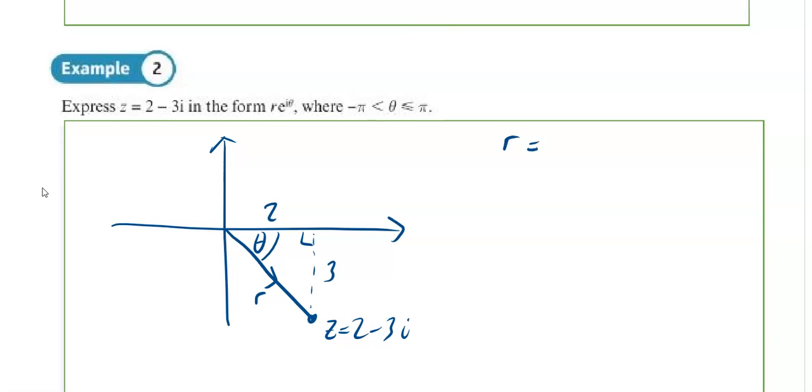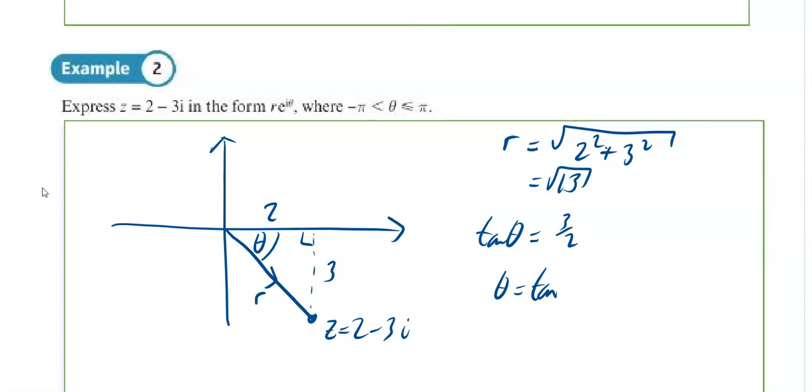Your r, just by Pythagoras, is going to be the square root of 2 squared plus 3 squared, which is going to be 4 plus 9, which is going to be 13. So root of 13. And your theta: tan, remember from your SOHCAHTOA, tan is opposite over adjacent. So tan is equal to 3 over 2. That means theta itself is tan to the minus 1 of 3 over 2.